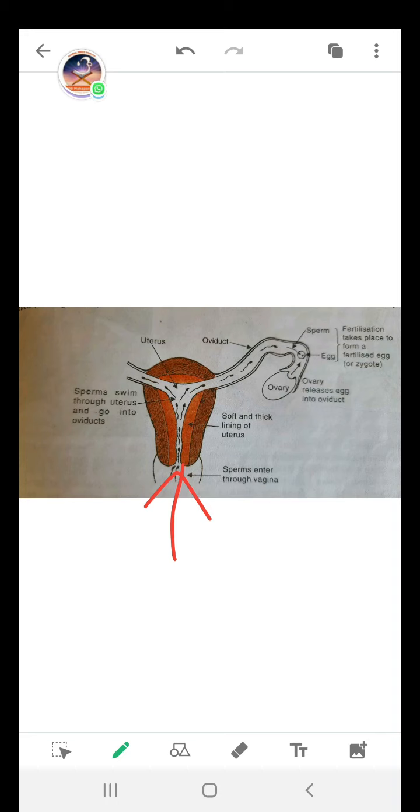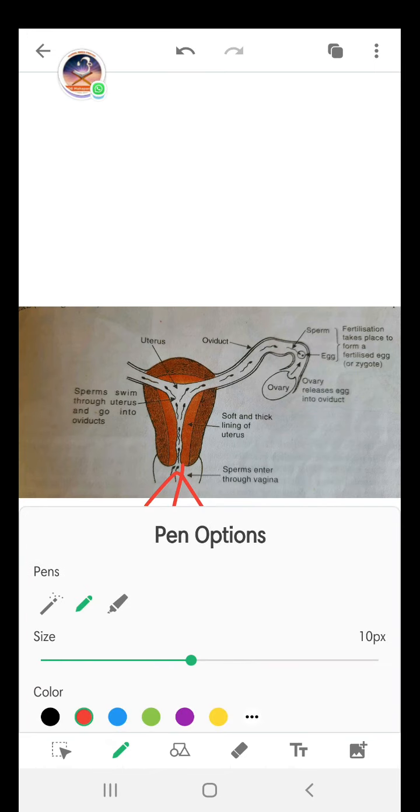There are so many sperms entering the vagina, and they go upward and reach the fallopian tube. The oviduct contains an egg cell, which is released by the ovary. Thus, one sperm at a time meets with the egg cell to form a zygote.